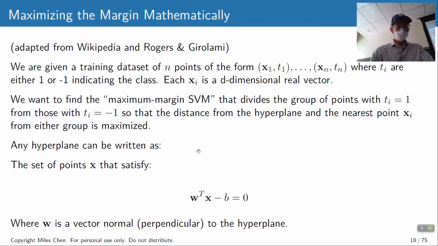When we do this, the hyperplane is going to be written as the set of points x that satisfy w transpose x minus b is equal to 0, where w is the vector perpendicular to the hyperplane.